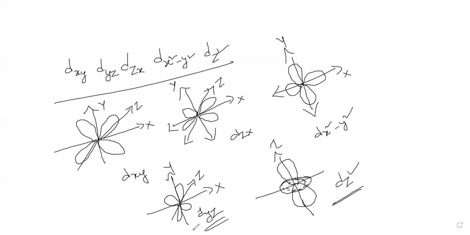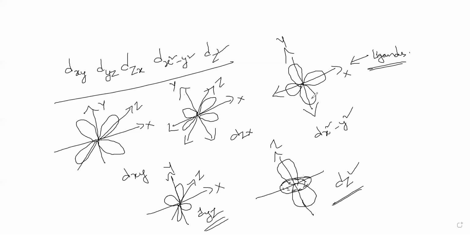Now all these orbitals have different orientations. Orbital means they have some electrons within them. Now, when the ligands start approaching, they will approach in different directions. It can approach along the axis, or it can approach from the sides.